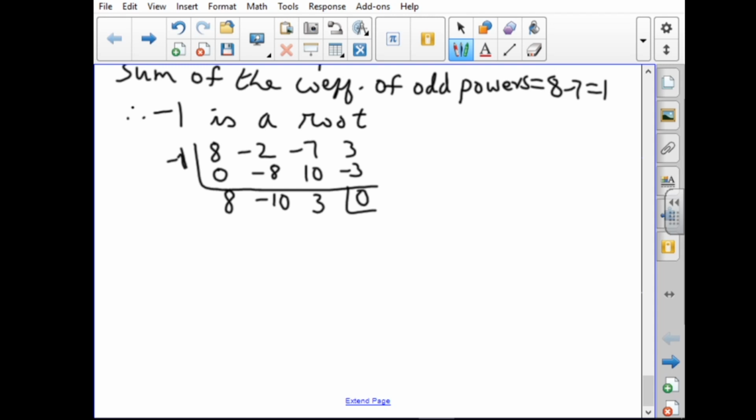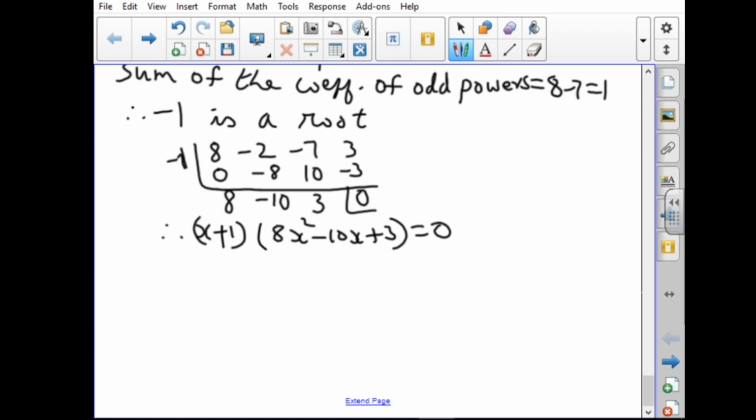So now therefore (x plus 1) into (8x square minus 10x plus 3) is equal to 0. Minus 1 is the root, so the factor is x plus 1. So x plus 1 into this is equal to 0.